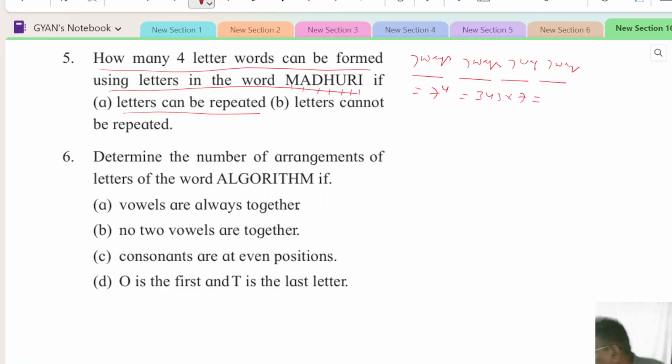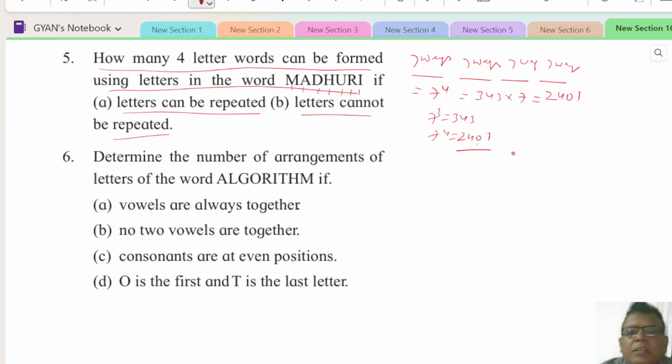So 7 cube is 343, and 7 to the power 4 is 2401. This you all remember. Now the letters cannot be repeated.